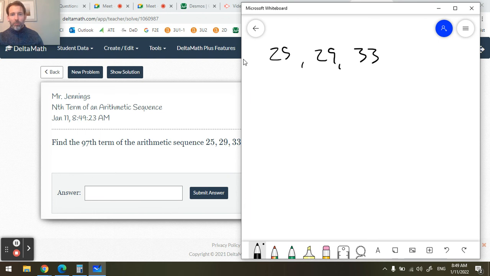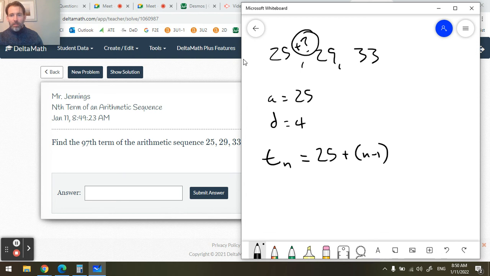And then you look and you say, well, what's the first term? 25. What am I adding each time? 4. So my common difference here is 4. It's growing by 4. So my general term, the nth term, is 25 plus n minus 1 multiplied by 4.